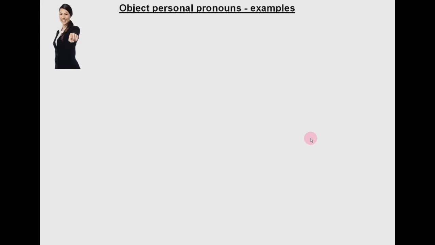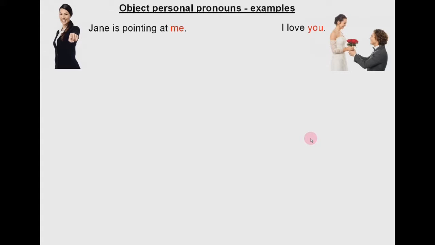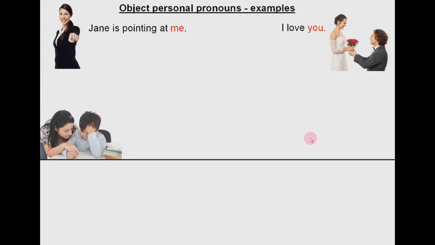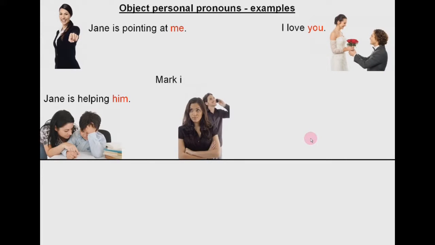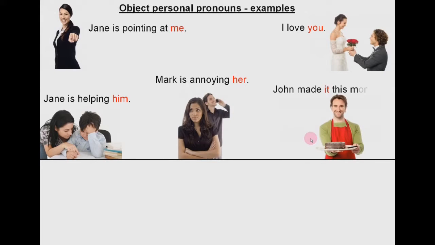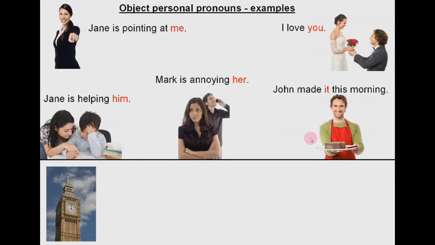Examples. Jane is pointing at me. I love you. Jane is helping him. Mark is annoying her. John made it this morning. Come to see us in London.